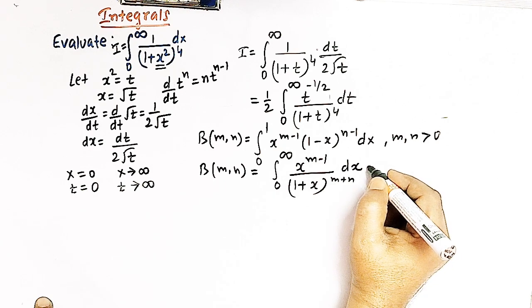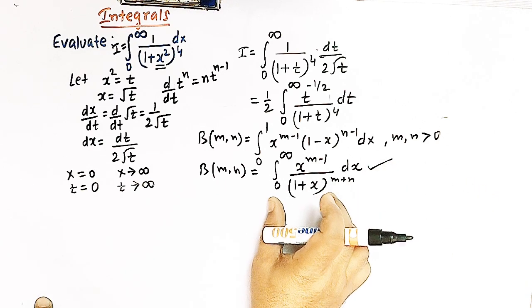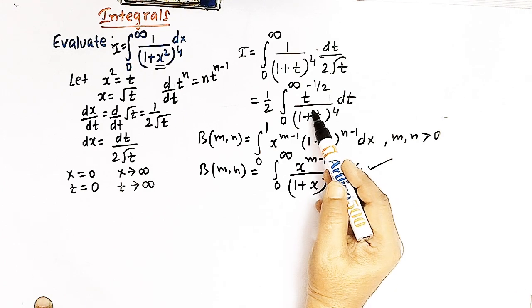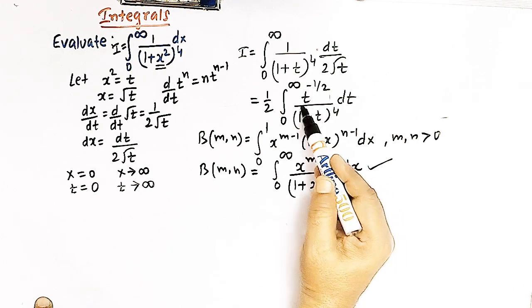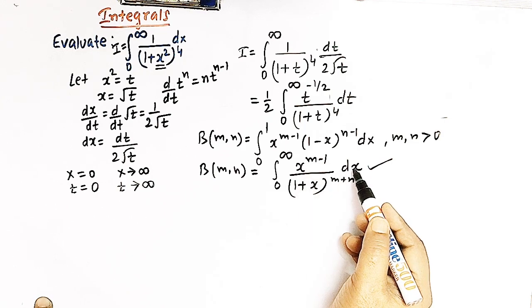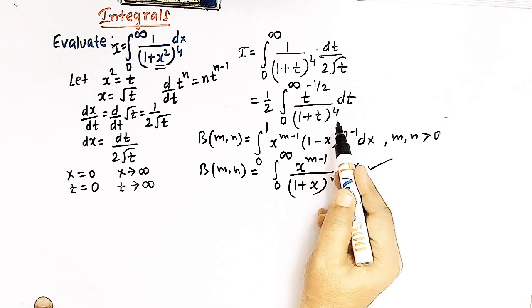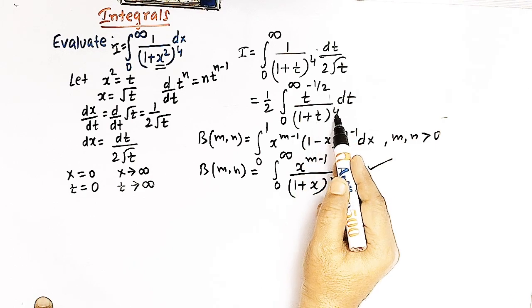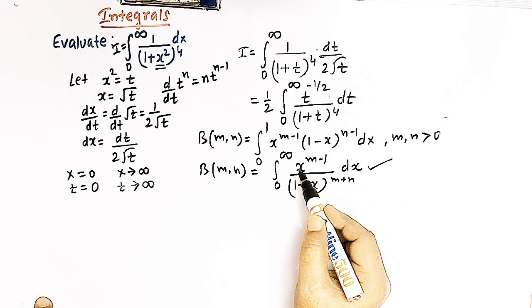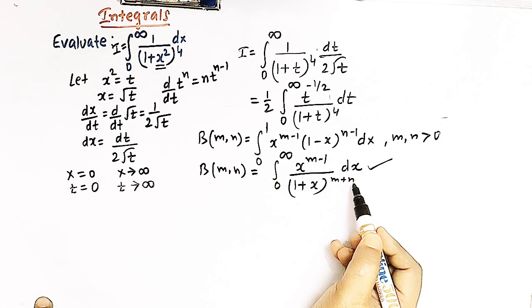Here we'll make use of this result, right? Now this integral is identical to this one, where here the variable is t, and here the variable is x. Here we have t raised to minus half and (1 plus t) raised to 4, and there we have x raised to m minus 1 and (1 plus x) raised to m plus n.